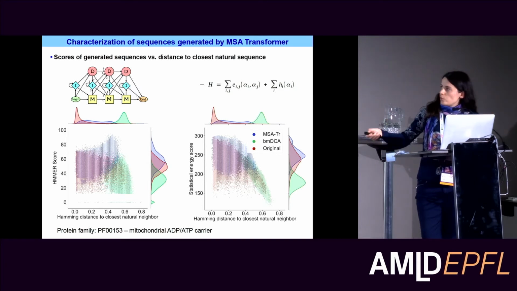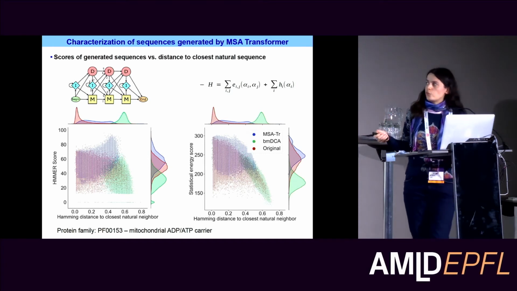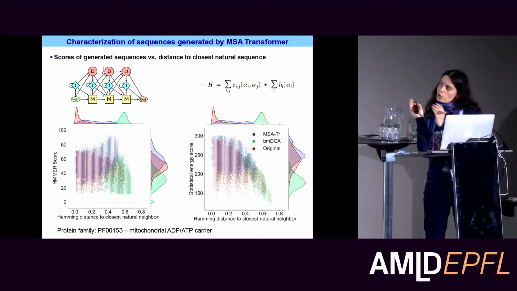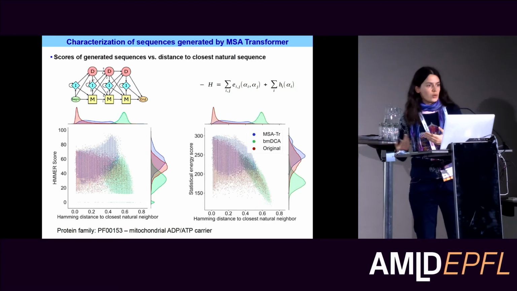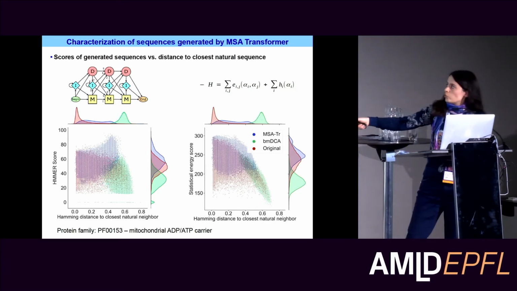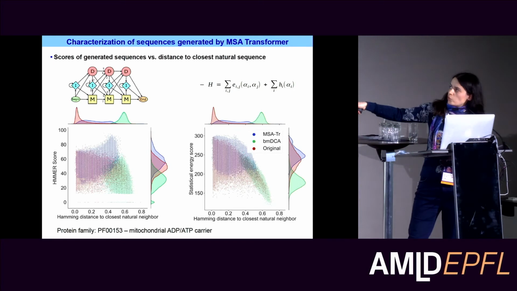And we are plotting them here versus the Hamming distance to the closest natural neighbor to see if this has an impact. For instance, if our generative model is only producing sequences that are close and that have good scores, or if, on the contrary, we can find really novel sequences that have good scores. So you can see here in red the original data cloud, and in blue the data generated by MSA Transformer.